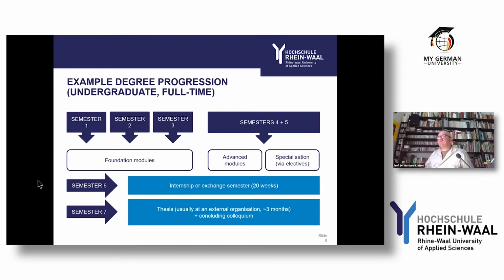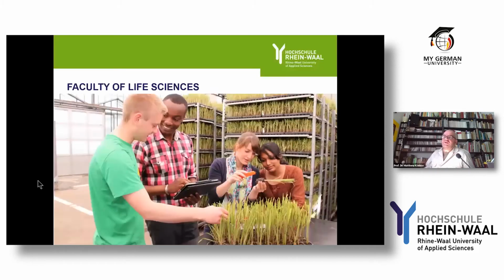So all the students go abroad in the 6th semester and have their thesis or their bachelor project at the end. So let's jump into our Faculty of Life Sciences and go a bit deeper into this field of agriculture and ecology, as Georgi introduced.